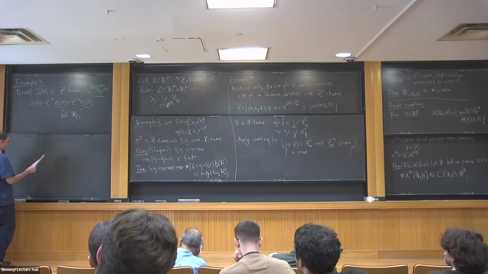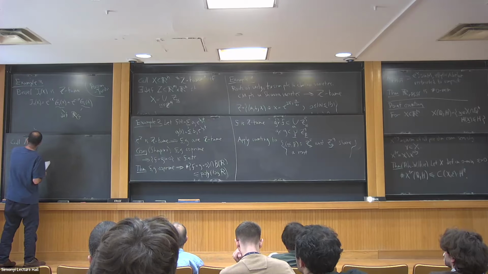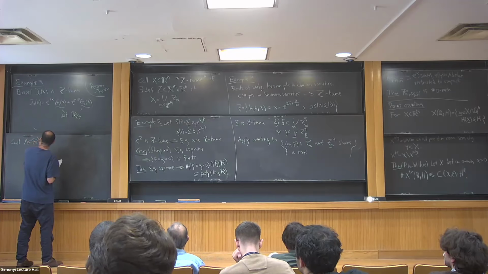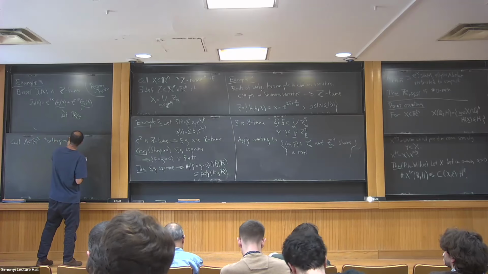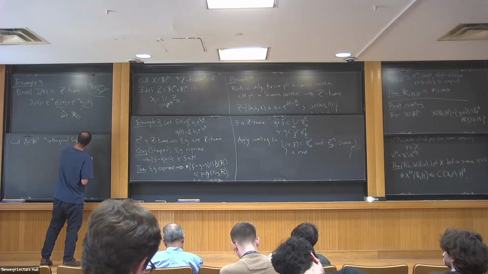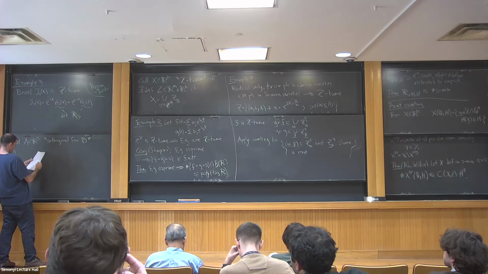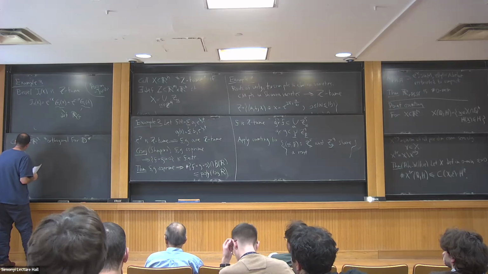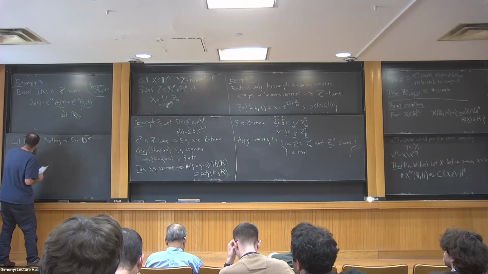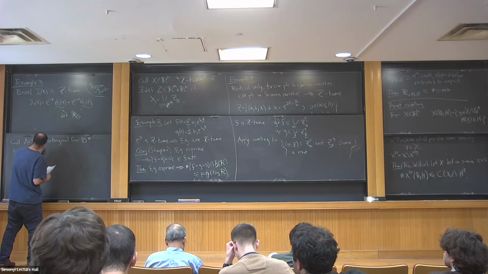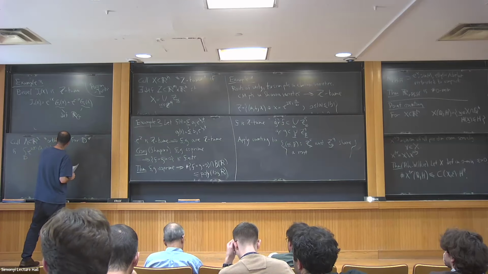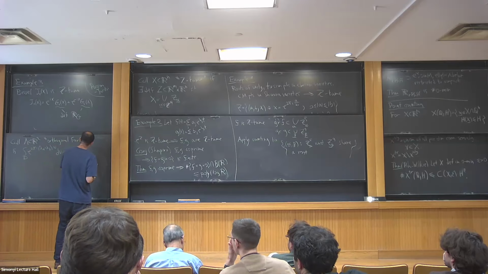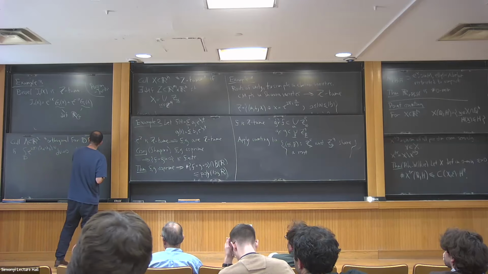So I'm going to call a set lambda in R^2 an orthogonal set, orthogonal for the disk, if I want the integral over D of e^(2 pi i (lambda_1 minus lambda_2) u) du to be 0 for every lambda_1 not equal to lambda_2 in my set.